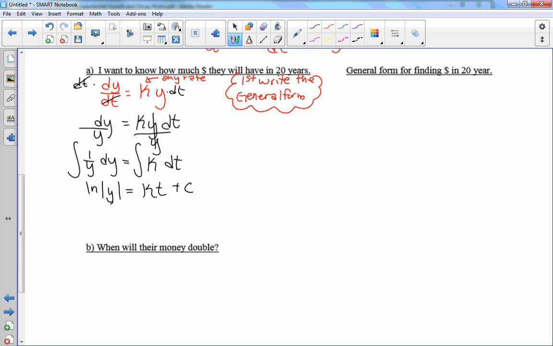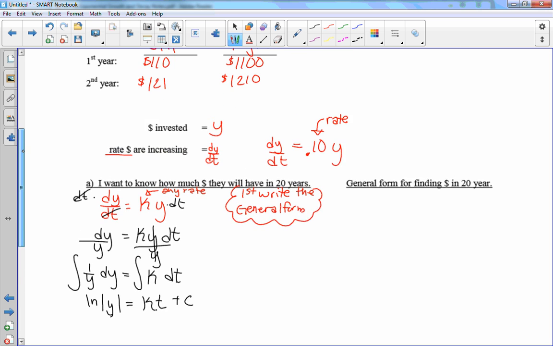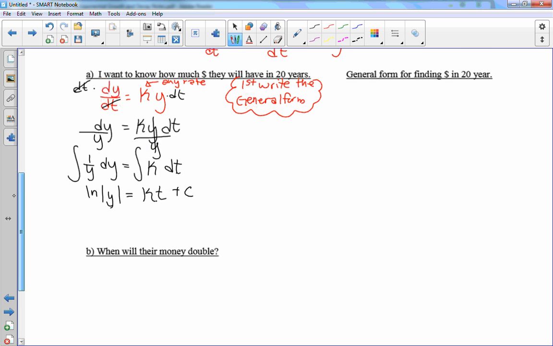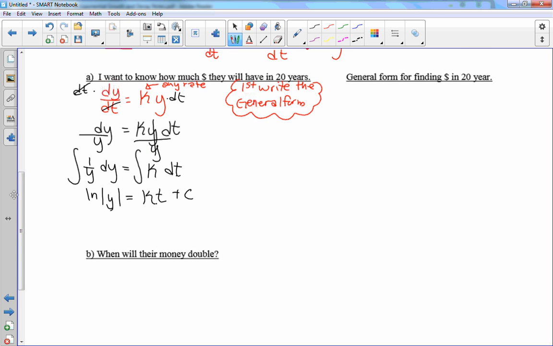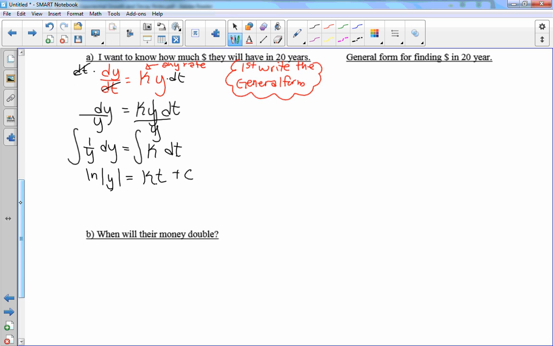Since we're trying to find the amount that we'll have in 20 years, we're going to put the plus c on the right-hand side because we're going to solve for y. We don't want to solve for time. We know time will be 20. We're going to solve for y, get y by itself. But before, we're not putting in things yet. Remember this one has a c and this one has a c, but we can combine them into one c, right?